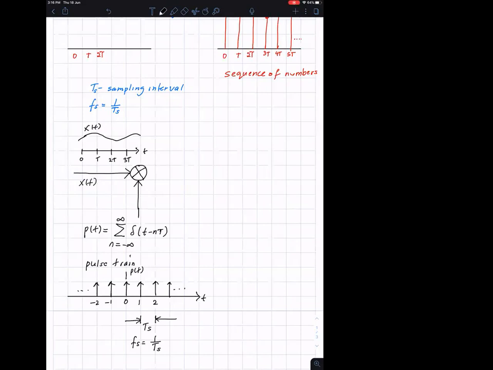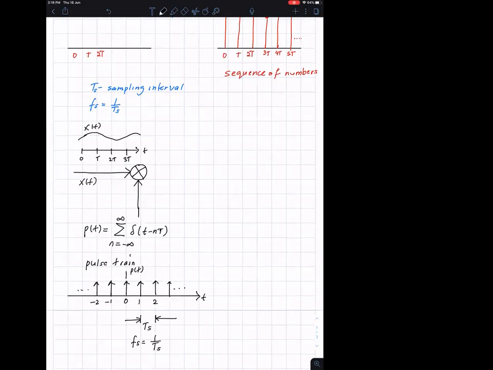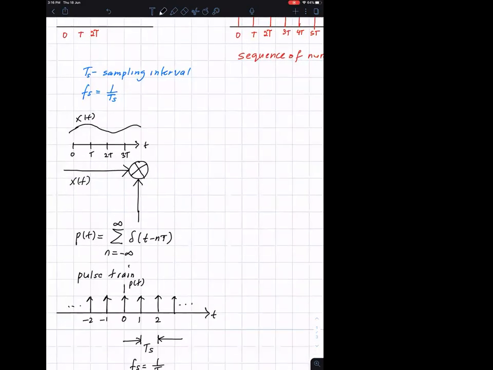When this pulse train gets multiplied by the signal, what is going to happen?